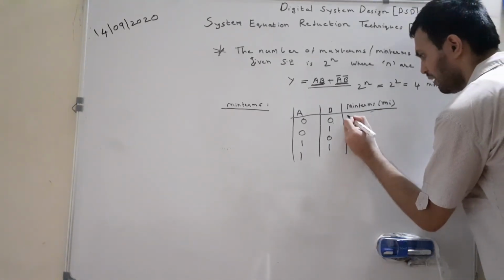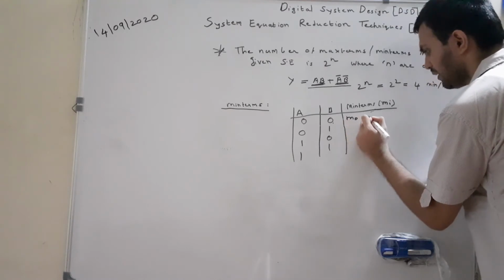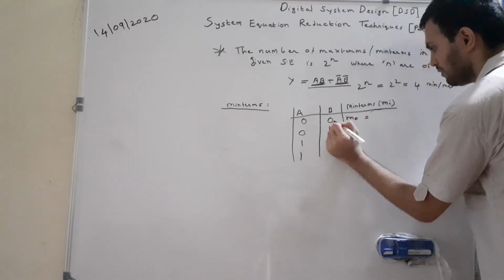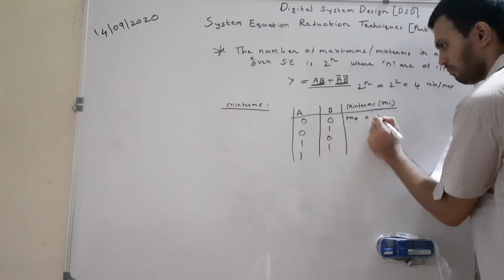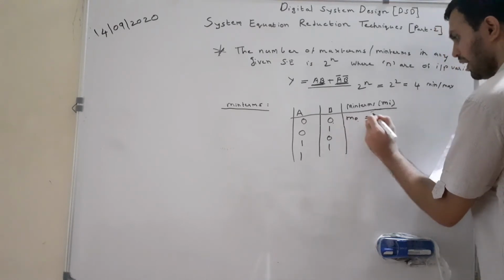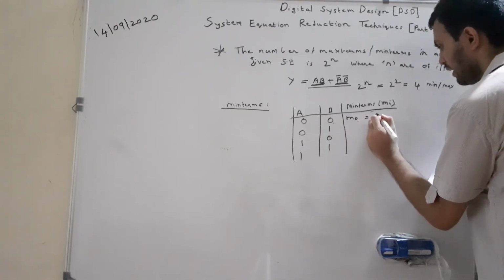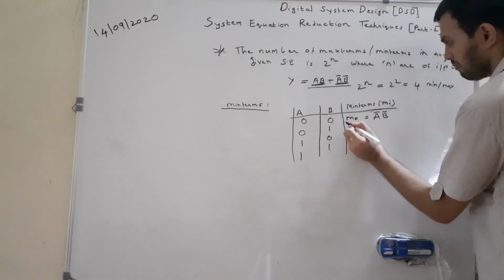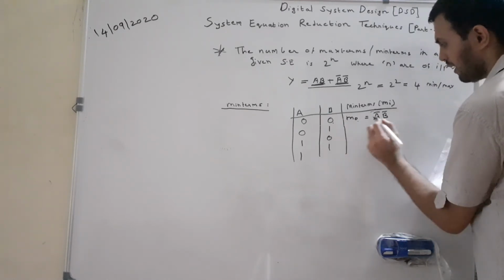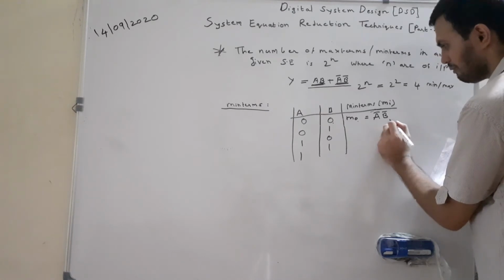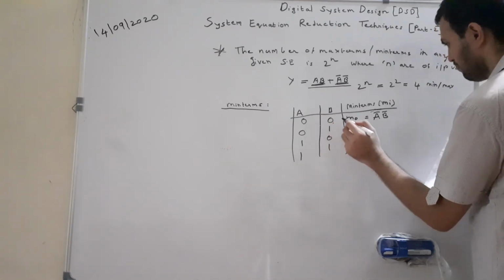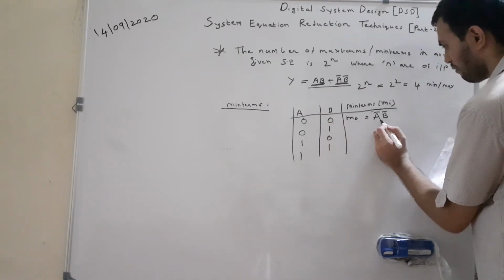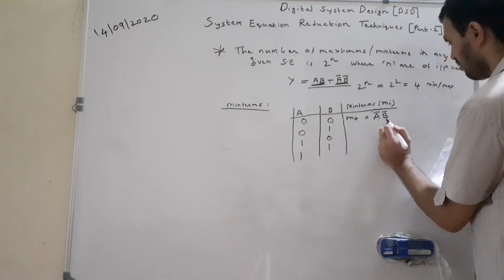So here we have min term 0, because A is 0 and B is 0, that's why M0, that is min term number 0. Then we can write A complement B complement as the min term that we get from this expression. Why did we write A complement B complement? Because A was 0 and B was 0.